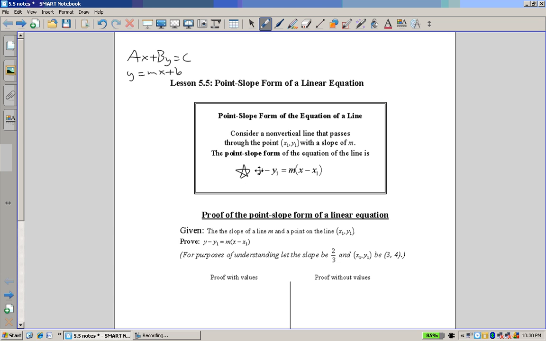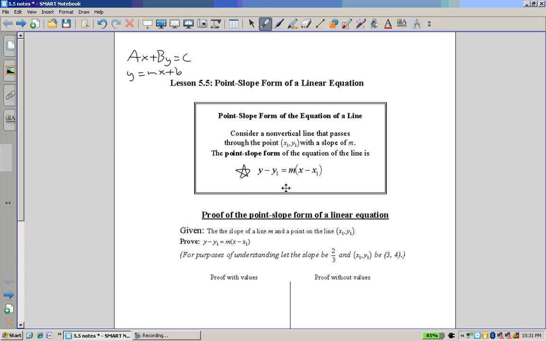So the advantage of this is that you're going to generate an equation very quickly. The disadvantage is that you cannot graph an equation very easily from this form. And if you're generating an equation, your equation is going to be different than your neighbor's depending on which point you choose.